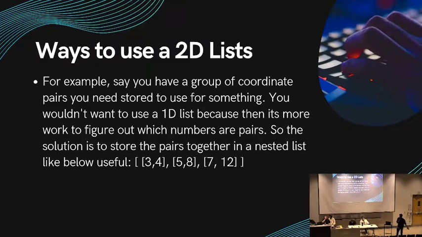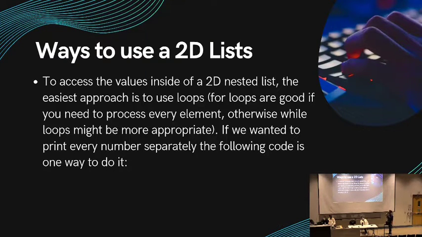Think of your normal plain grid, X and Y. You can make that out of a 2D list because your x-axis can act as your first value, and then the second value in the list can be the y-axis. In the example below, we can see 3, 4, 5, 8, and then 7, 12. And notice how they are lists inside of one larger list. Next slide, please.